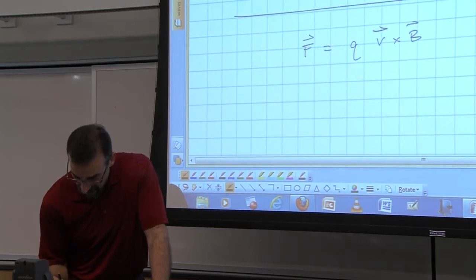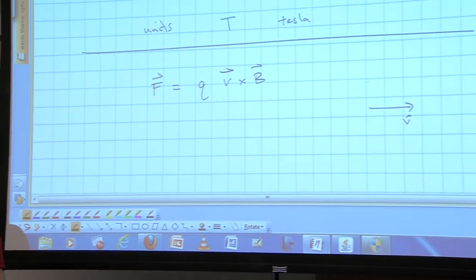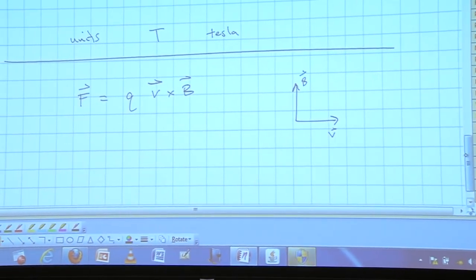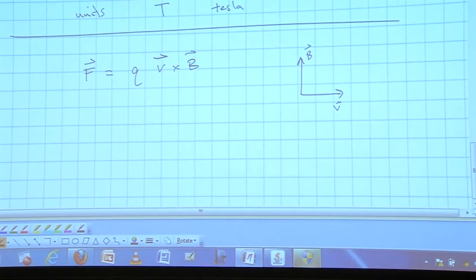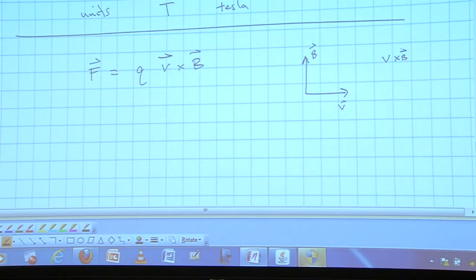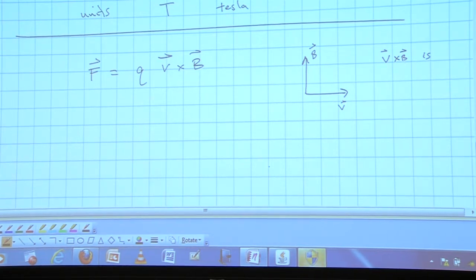If this is V and this is B, right? What direction would V cross B be? Using your right-hand rule, V cross B would be out of the page, right?